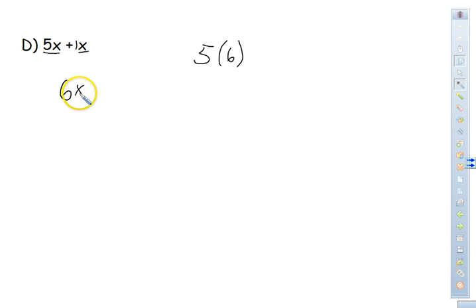Same thing here. Okay, it's the exact same thing here, except we used an x in its place, which means the exact same thing. 5x, it means 5 times x. So we combine them, so now our answer is 6x.